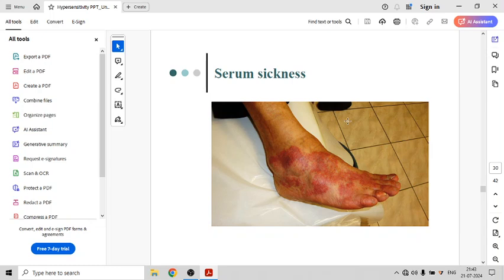And this will continue as long as the antigen antibody reaction continues in the body, and it will be damaging the cells because of the complement mediated lysis and neutrophil mediated lysis and inflammation caused by the macrophages which release TNF alpha in large quantities in that area.